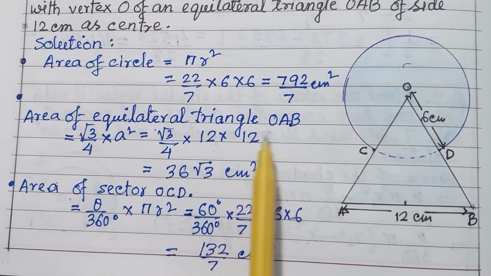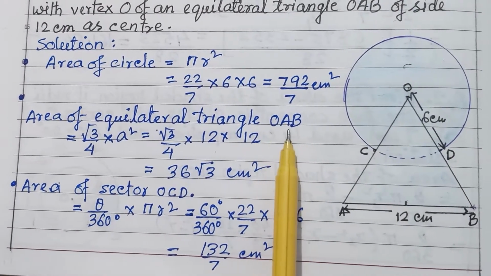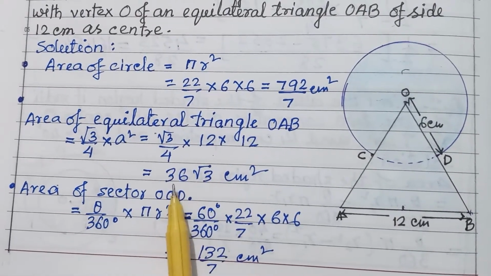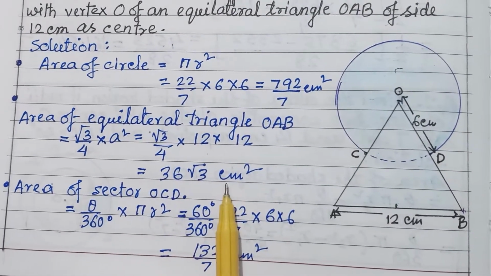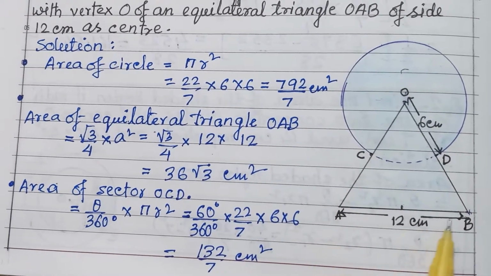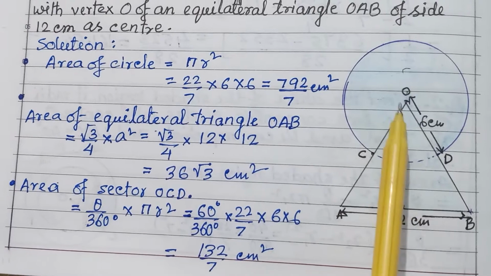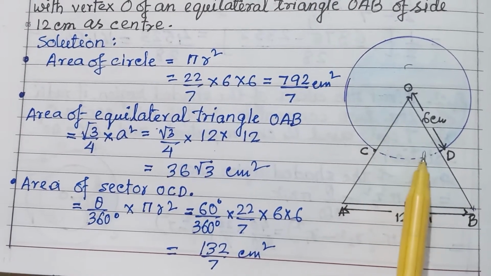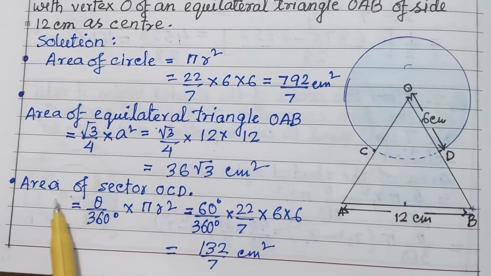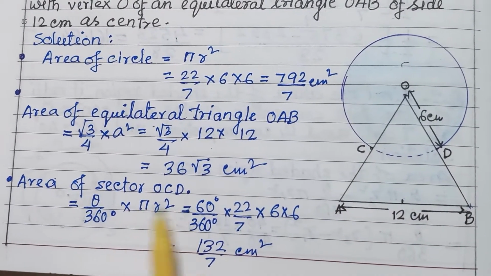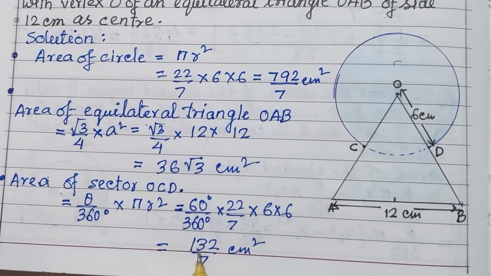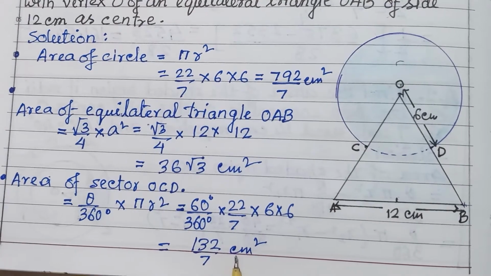Now the area of equilateral triangle OAB is root 3 upon 4 a square, that is equal to 36 root 3 centimeter square. This much area OCD I have calculated two times, so one time we have to subtract here. So the area of sector OCD is theta upon 360 pi r square, which is 132 upon 7 centimeter square.